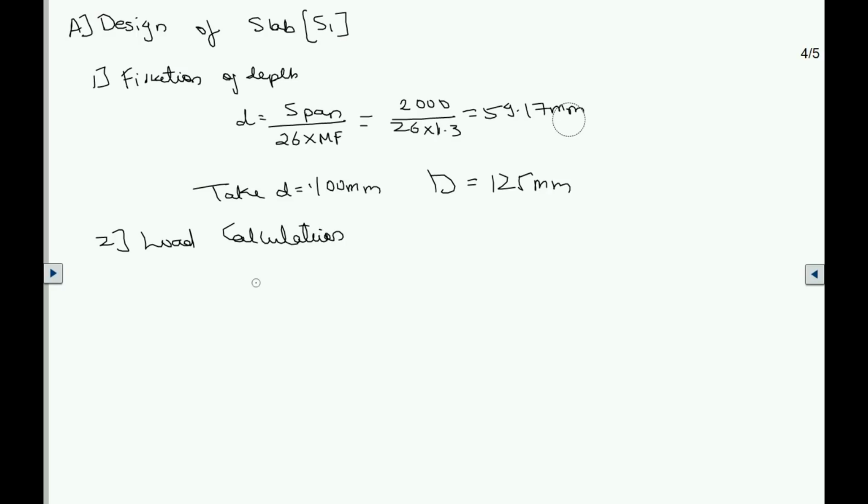Now I will take live load as 2 kN per meter, floor finish as 1 kN per meter, and the self weight of the slab will be the density of RCC concrete, that is 25 kN per meter cube, multiplied by the cross section area, that is 1 meter multiplied by 0.125, the overall depth.